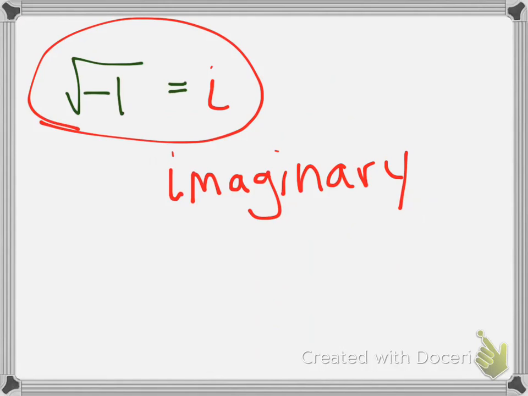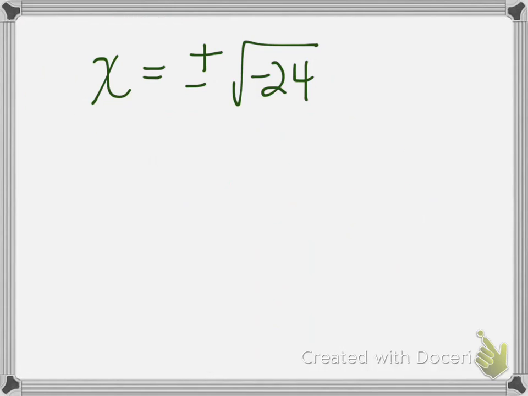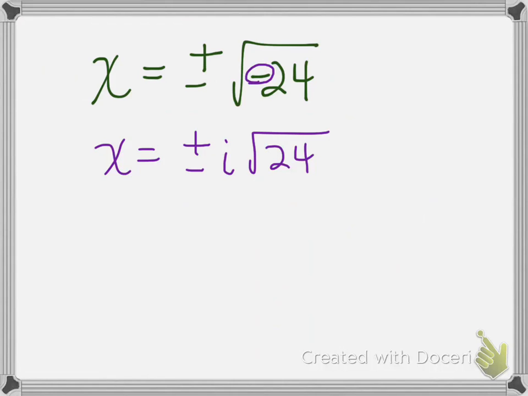So we're going to go back to our problem now. What does this information do for us? How does this help me? I'm going back to my answer of x equals the positive or negative square root of negative 24. Now this little negative part is the part that's given us difficulty. So I'm just going to change it to i, put it on the outside of my square root, and now the square root itself doesn't have a negative anymore.